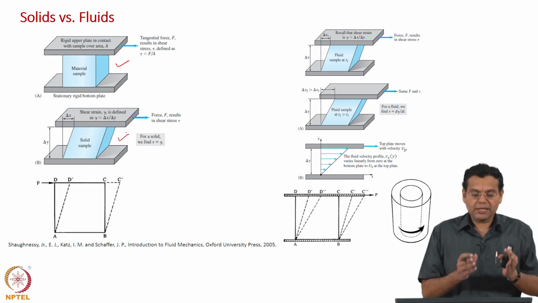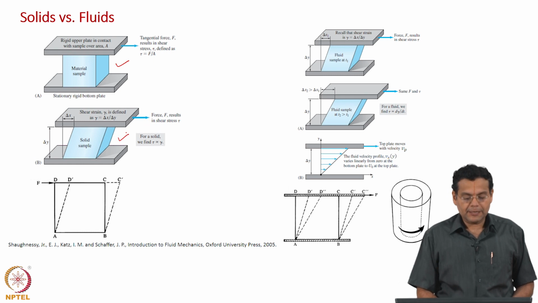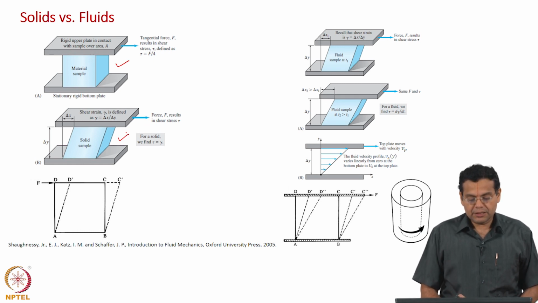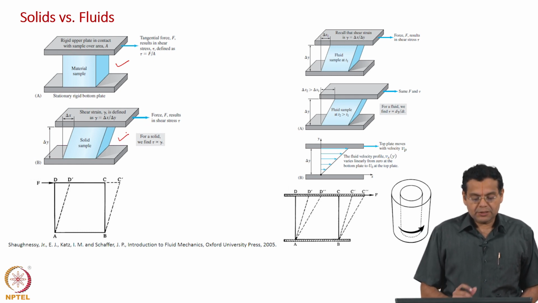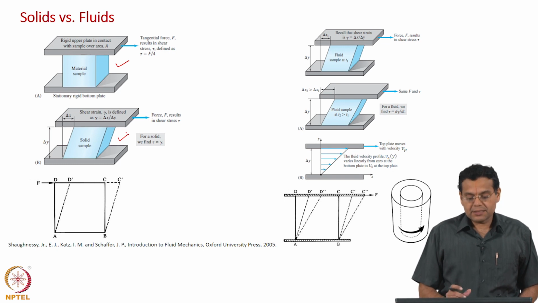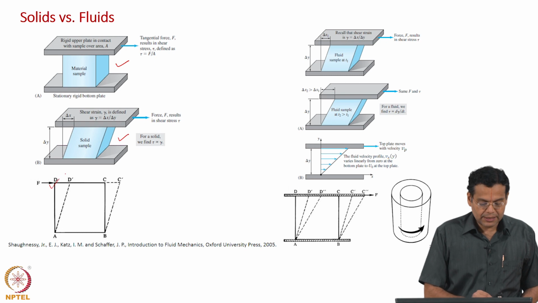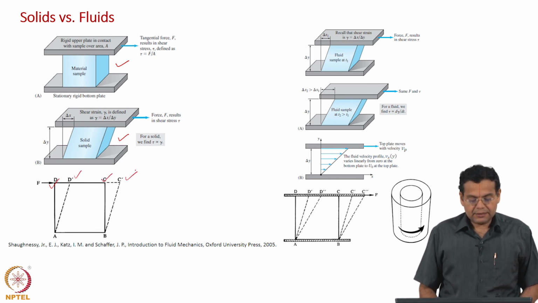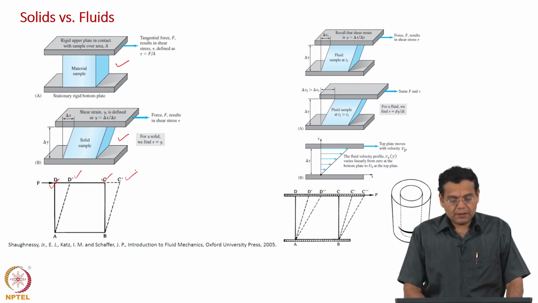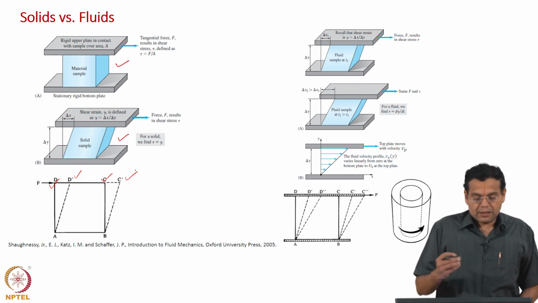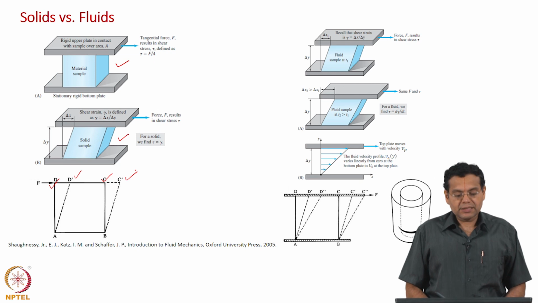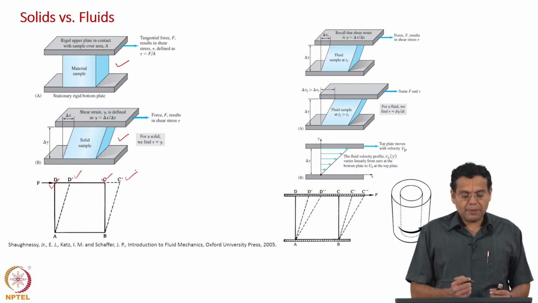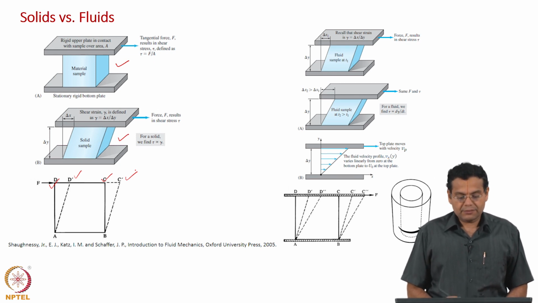So, it goes from one equilibrium state to another equilibrium state, and then it stops deforming, and so solids can resist shear stress under static condition. D C is the initial state, D dash C dash the final state. And if you remove the tangential force, the solid goes back to its original state.